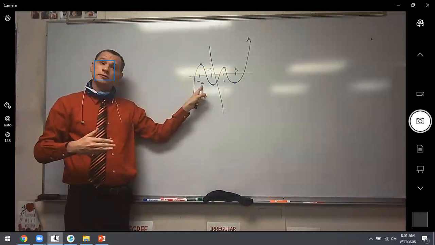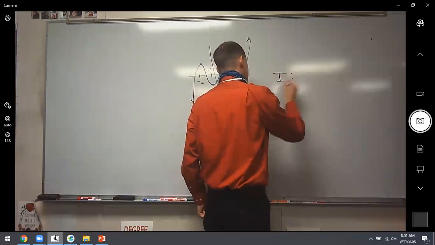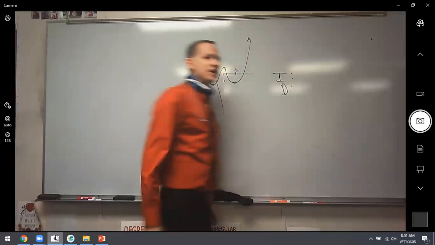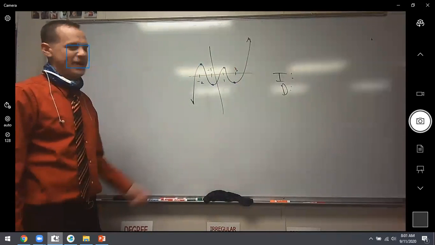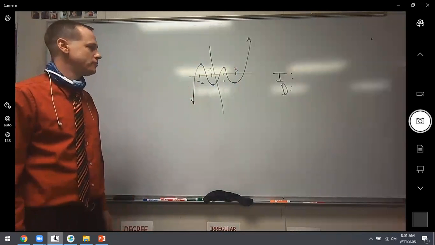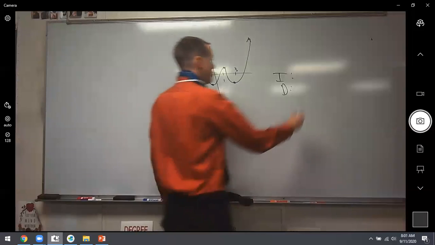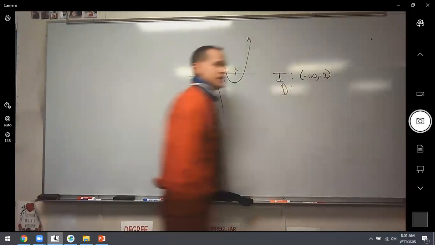And until what x value is it going up? Until -2. So here's how I would first write that. First, I'll make two labels, one that says I and D, they stand for increasing and decreasing, or I might actually write the word decreasing and not confuse it with domain and things like that. But you just told me from negative infinity until -2, this thing is increasing.